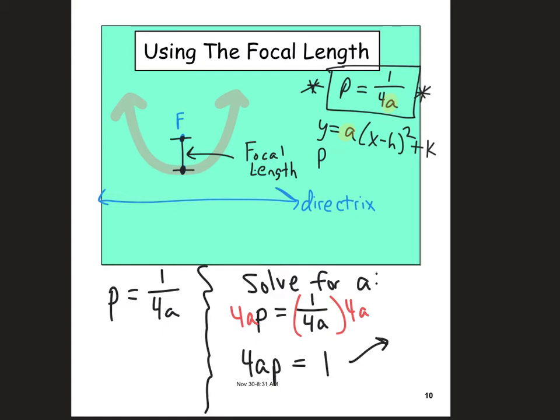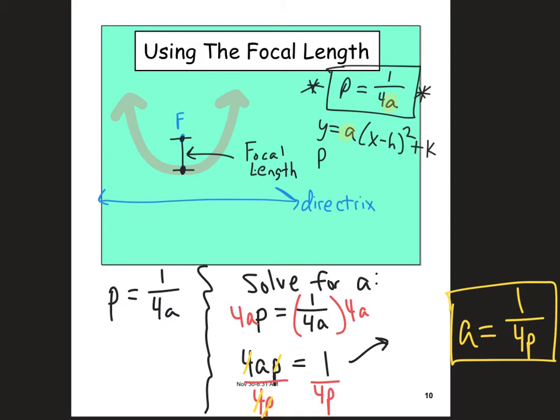To solve that for a, we could divide both sides by 4p, getting the 4's and the p's to cancel, and that gives us another equation that says a equals 1 over 4p.